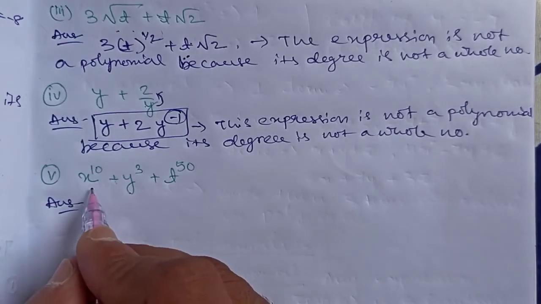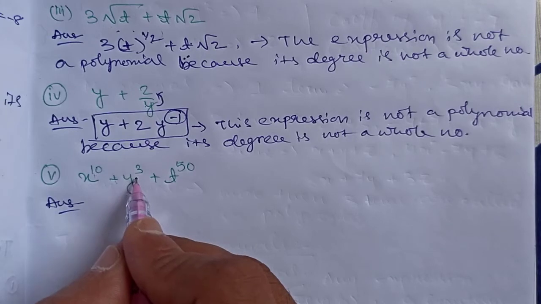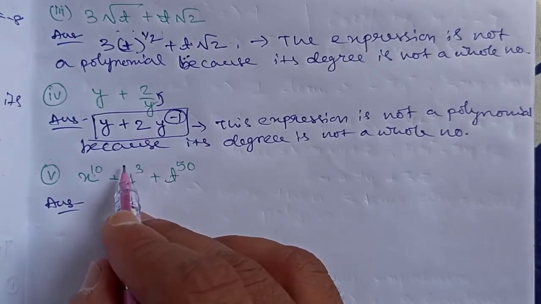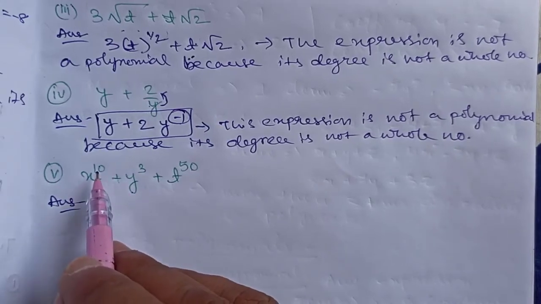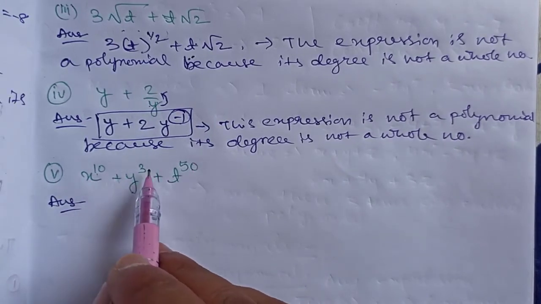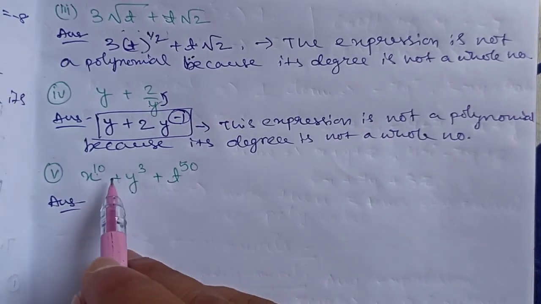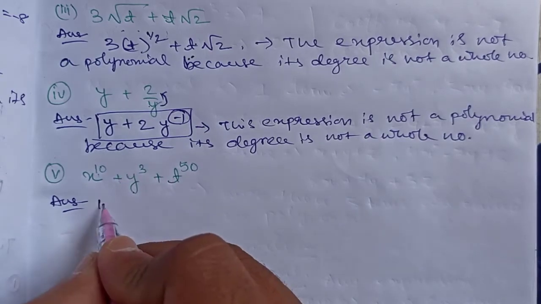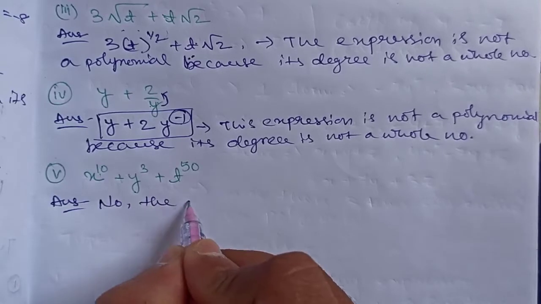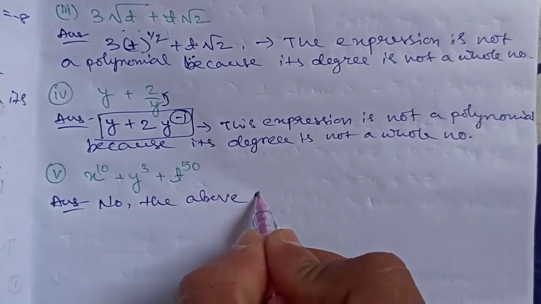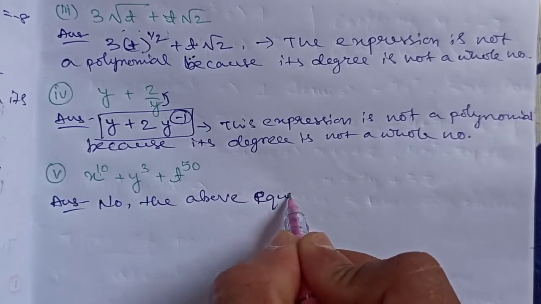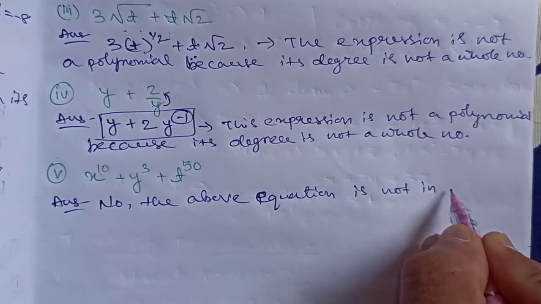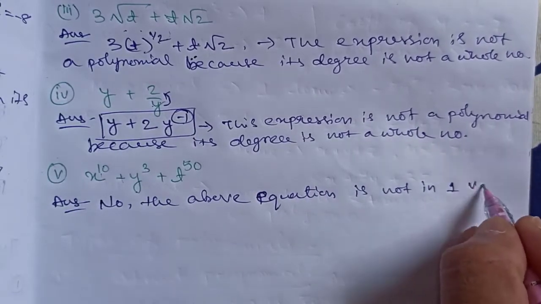Next, in the fifth bit it is given x to the power 10 plus y to the power 3 plus t to the power 50. Is it a polynomial? Yes, it is a polynomial because all the degrees are whole numbers, 10, 3 and 50, but the expression is not in one variable.